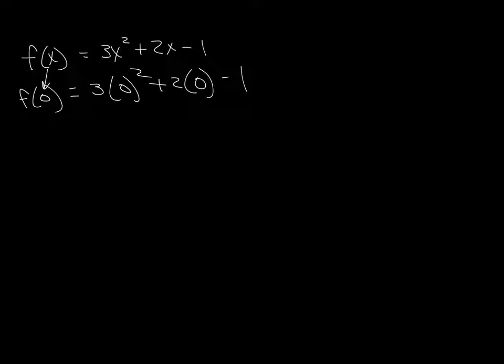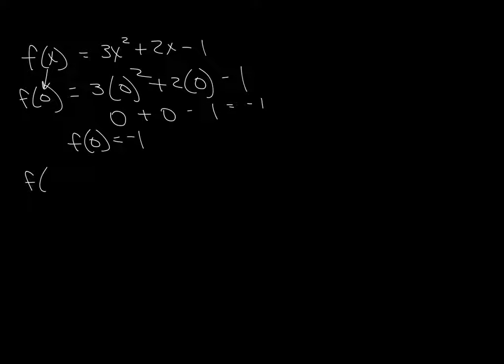Write it out and make sure you put zeros in for every one of the x's and then go and solve. So this is going to be 0 equals negative 1. So f of 0 equals negative 1.